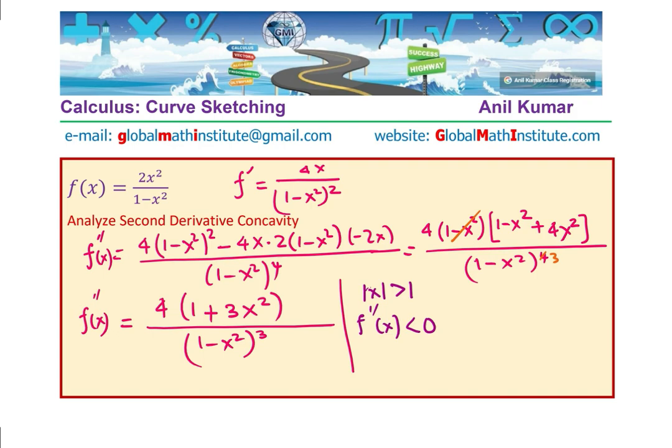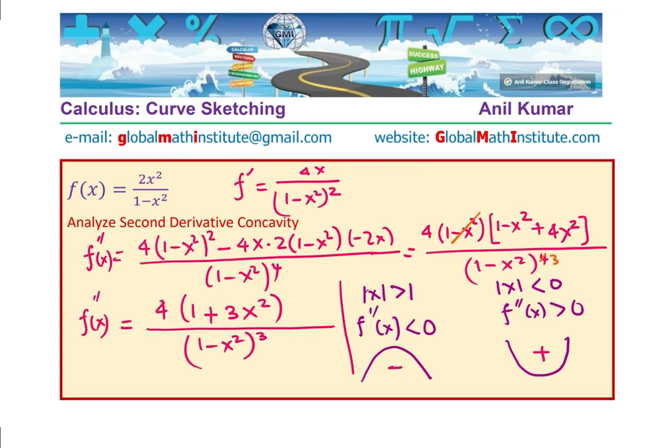So if it is less than 0, it will be concave down. And when the absolute value of x is less than 1, in that case, the second derivative is going to be greater than 0, meaning concave up, right? Positive. You get the idea. So the nature of the graph is that away from plus and minus 1, it is concave down.